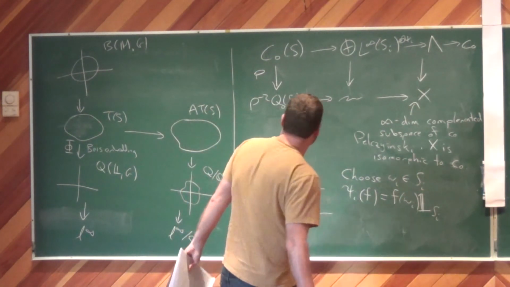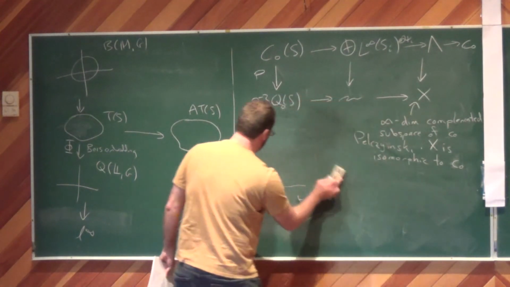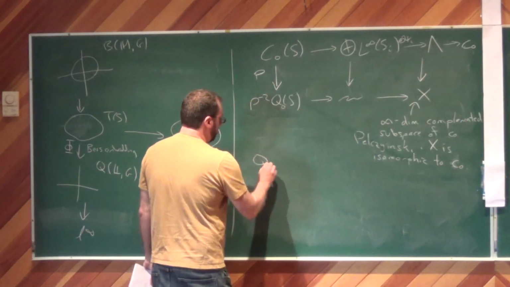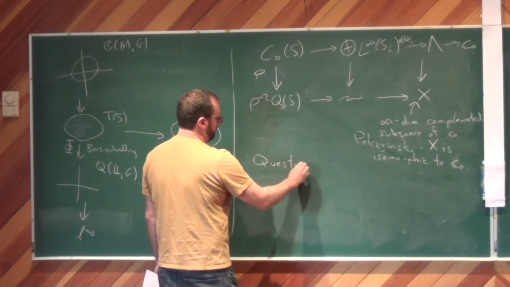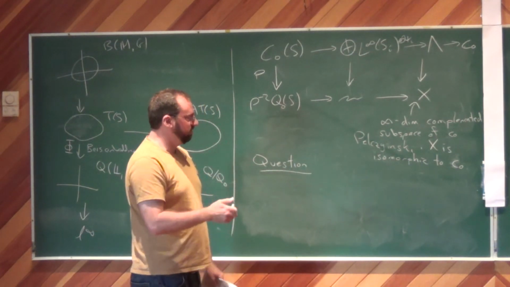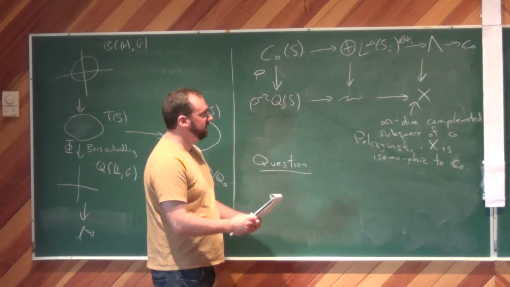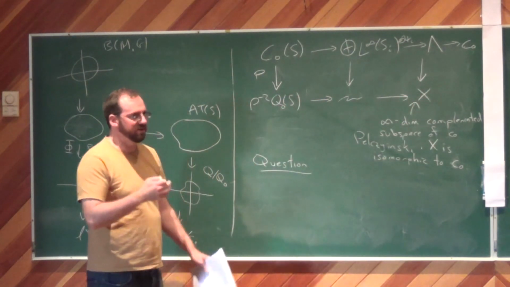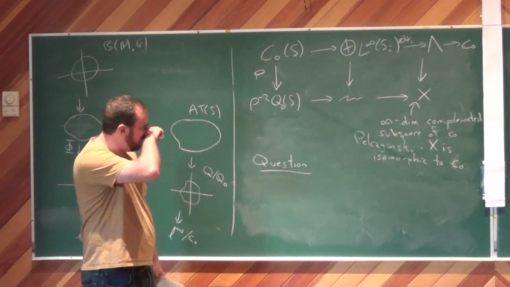Now let me finish by throwing another question in. The bi-Lipschitz constant you get, the isometric distortion from the Pelczynski result, is non-constructive. It doesn't tell you what the distortion is.